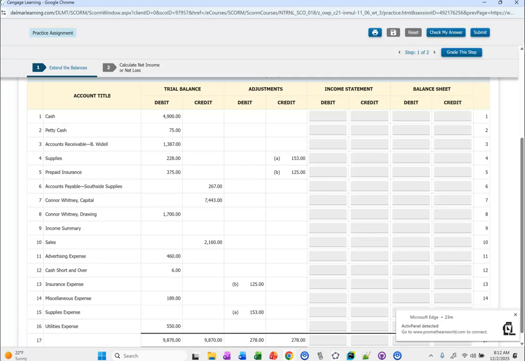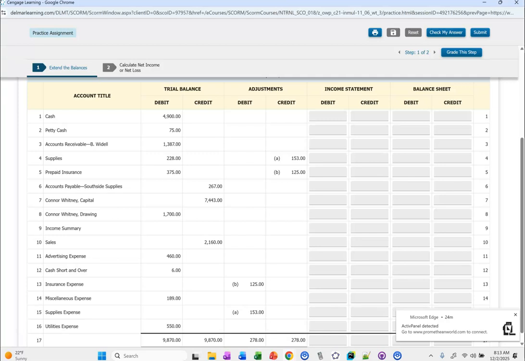Okay. So what numbers should we transfer over into that column? The trial balance over. So the entire trial balance column is going to go into the income? No, but where the adjustments are, you subtract them. So I don't know that things like cash and supplies go into the income statement. Is it just like expenses going to the income statement?